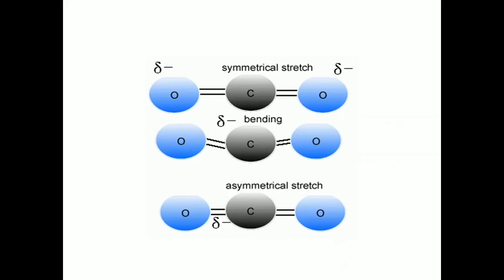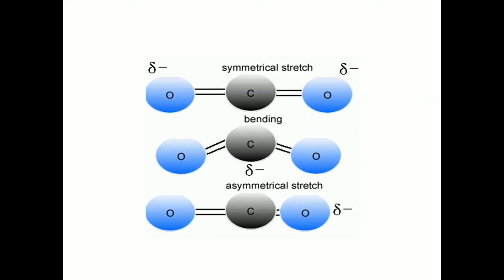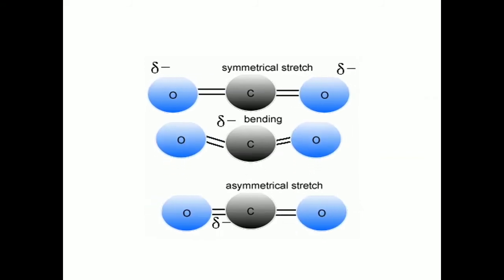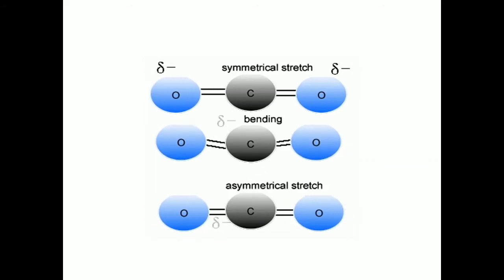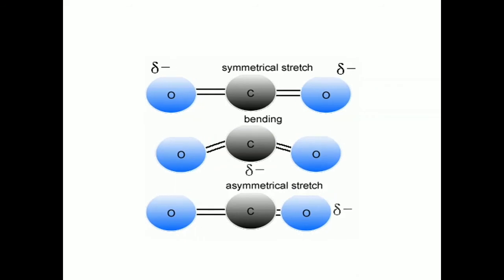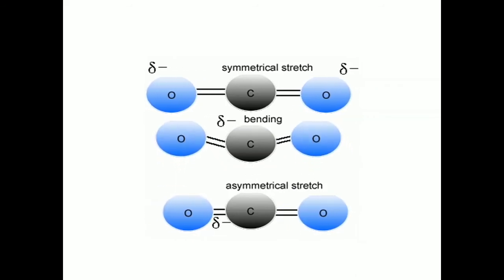The antisymmetric or asymmetric stretching vibration in CO2 involves change in dipole moment, so it is IR active. But polarizability of one C double bond O bond increases while the other carbon oxygen bond decreases, and vice versa. So there is no net change in polarizability. Hence, this is Raman inactive.